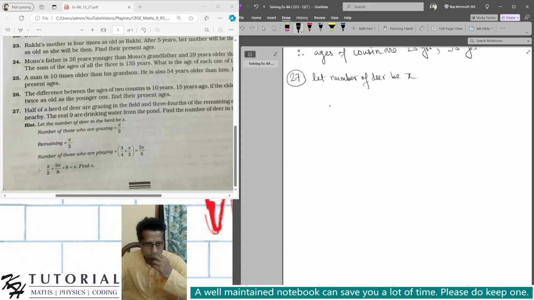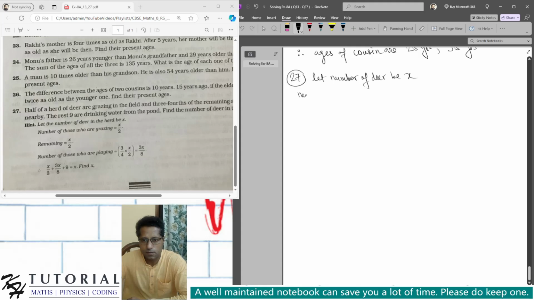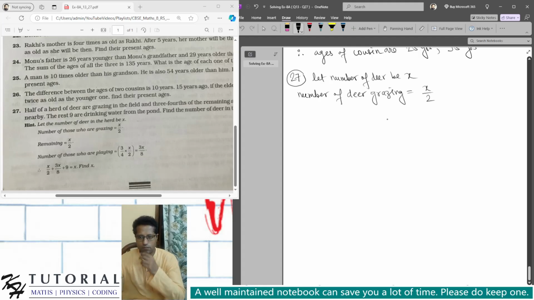So half of the herd of deer are grazing in the field. Okay. So the number of deer grazing is equal to half of the total number of deer, that is x by 2, where x is the total number of deer we have assumed.